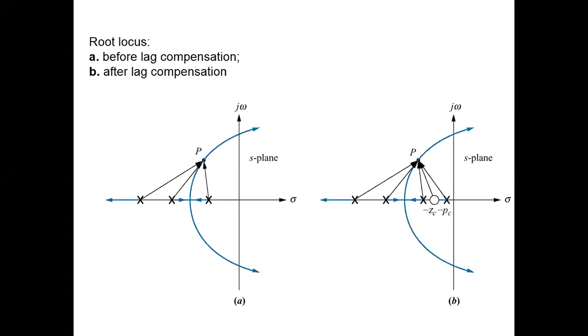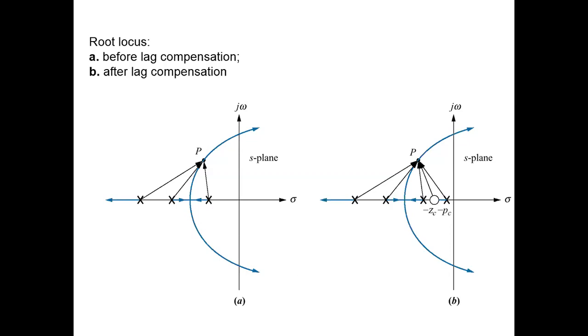If the lag compensator pole and zero are close together, the angular contribution of the compensator to point P is approximately 0 degrees. Thus, in figure B, where the compensator has been added, point P is still at approximately the same location on the compensated root locus.